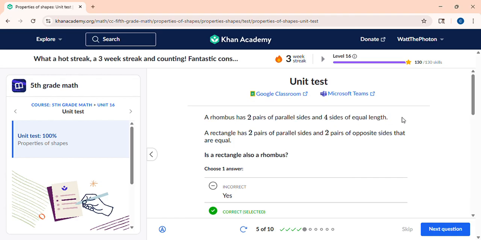A rhombus has 2 pairs of parallel sides and 4 sides of equal length. And a rectangle has 2 pairs of parallel sides and 2 pairs of opposite sides that are equal.